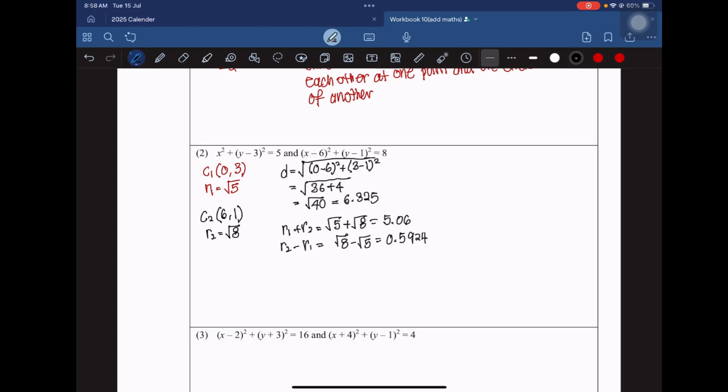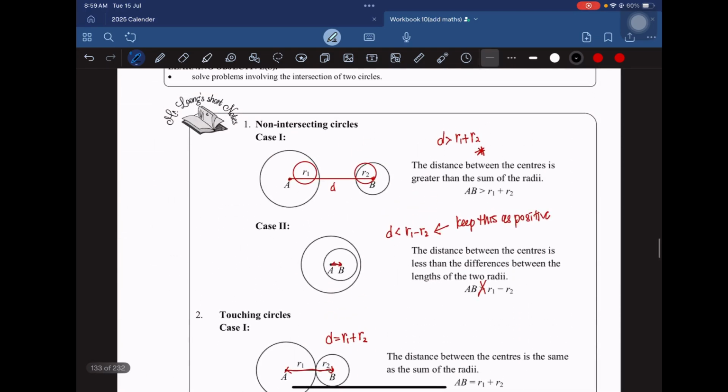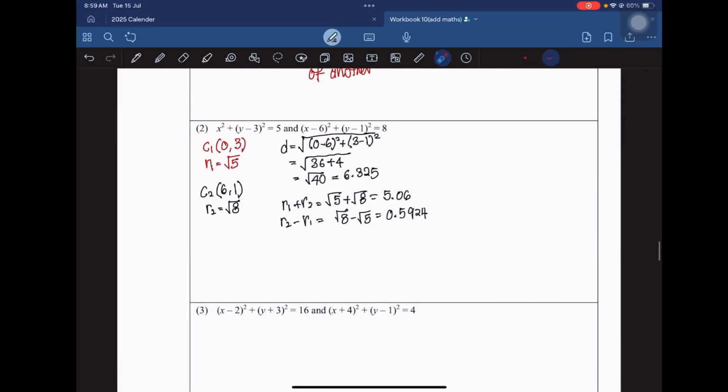Okay, so which one is it now? Let's look. This D is more than R1 plus R2, right? So we are talking about the first case here. D is more than R1 plus R2. Is it correct or not?